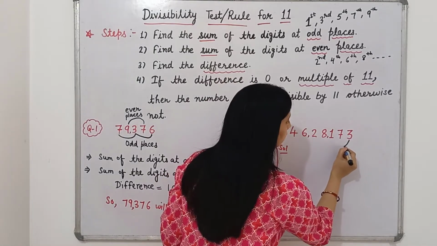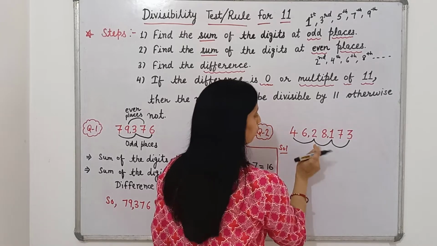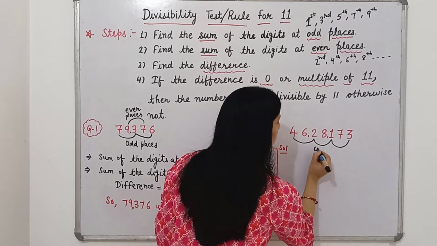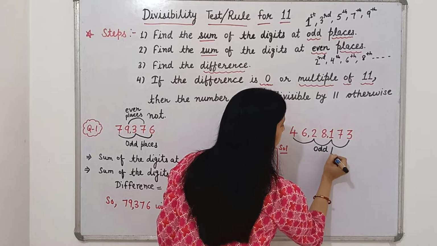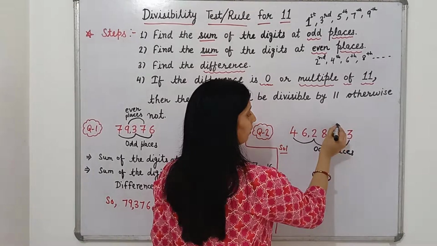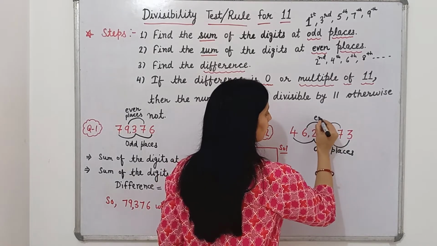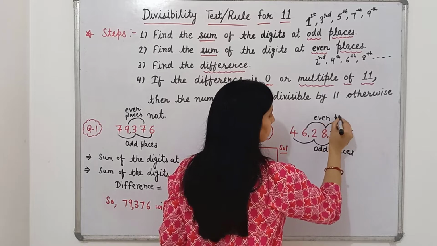So 3, then 1, then 2 and 4. These are the digits which are at odd places, and 7, 8 and 6 are the digits which are at even places.